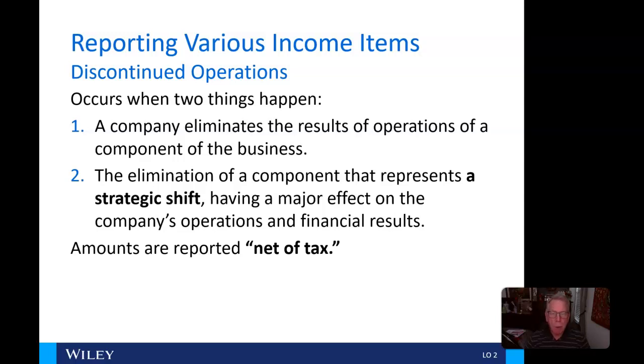These amounts are reported, as it says here, net of tax. And what that means is that the tax on those items has been either subtracted or added back, as the case may be. So that's an after-tax reporting.